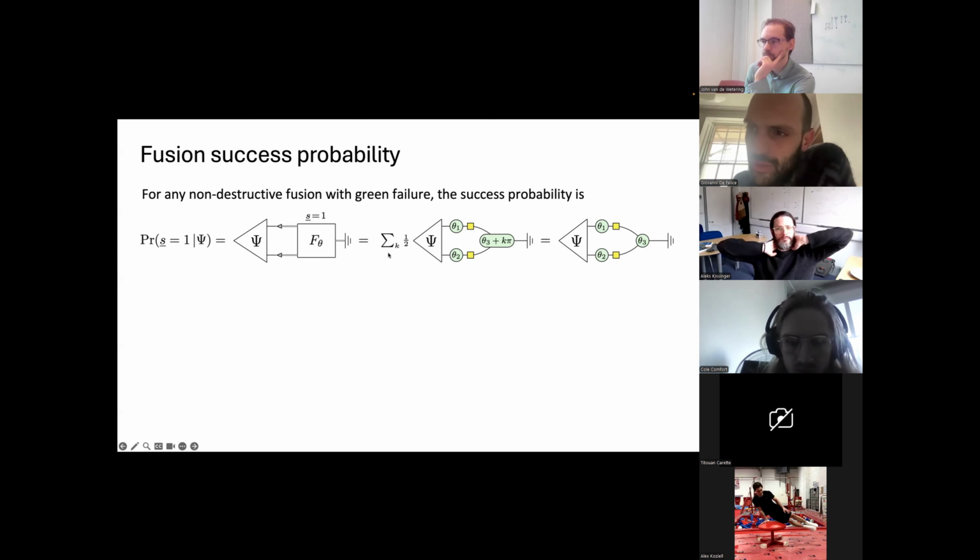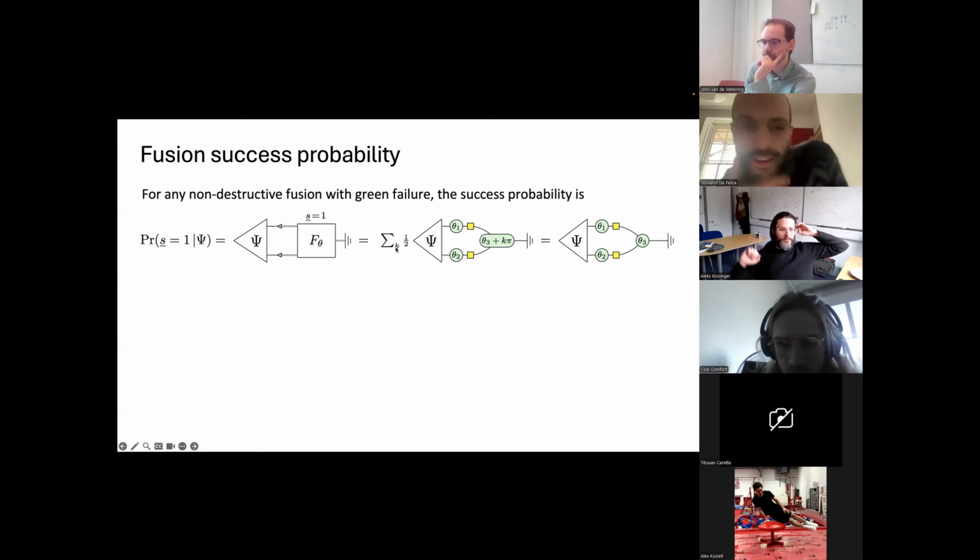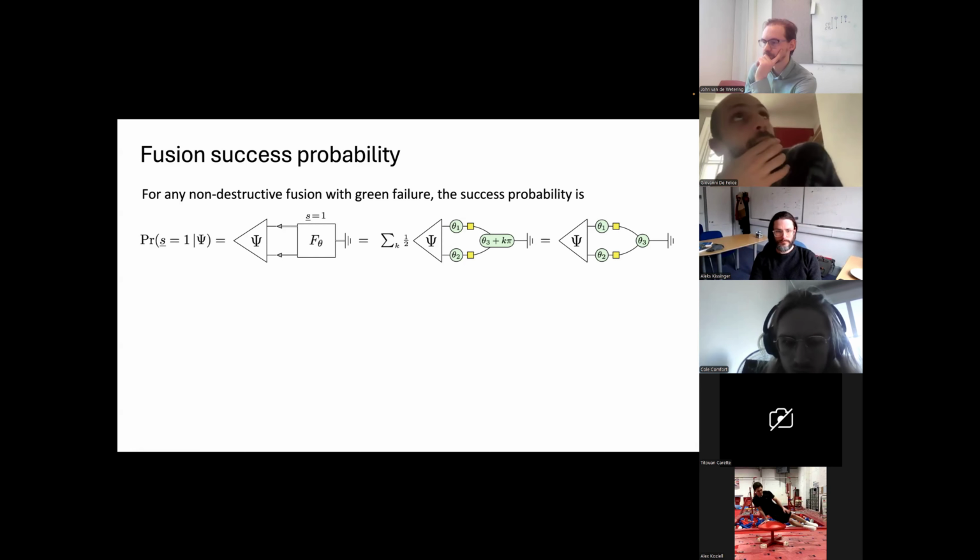This decomposition with this sum over k, you're talking about. So here it's the trace. When you trace a classical variable, you need to sum over all the values of that variable. So if you discard a classical variable, you need to sum over all the values of that variable.